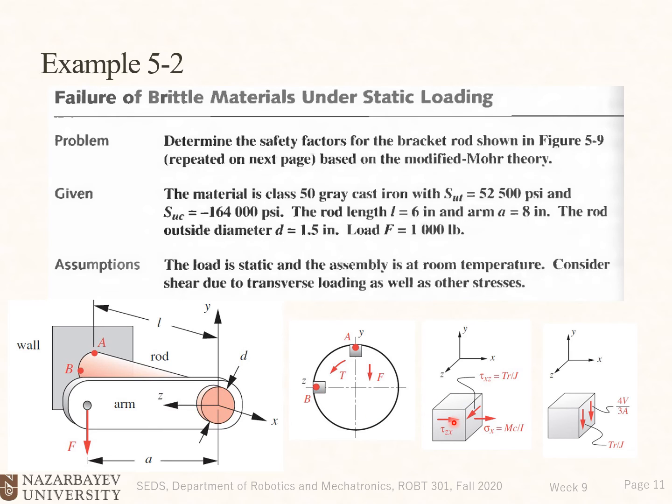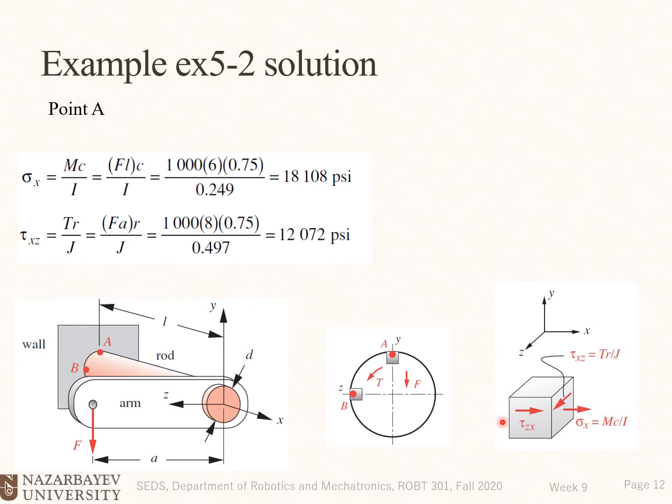You see what the applied stresses are at both points A and B. For point A, we have a sigma x, which is a normal stress due to the bending moment M. And we have a shear stress, which is because of the torsion torque.